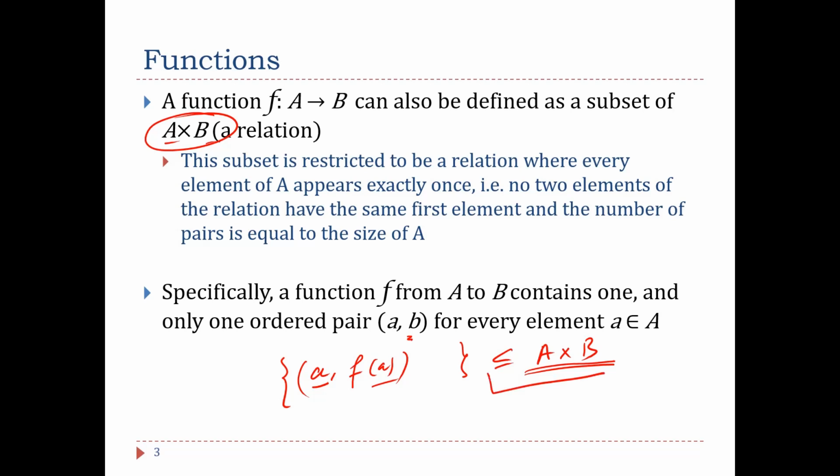They are subsets of the Cartesian products between sets, and functions are particular relations where every element of A appears exactly once. So no two elements of the relation have the same first element coming from A.